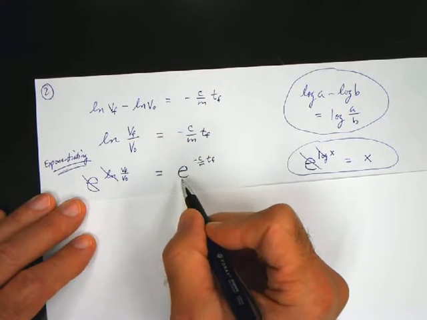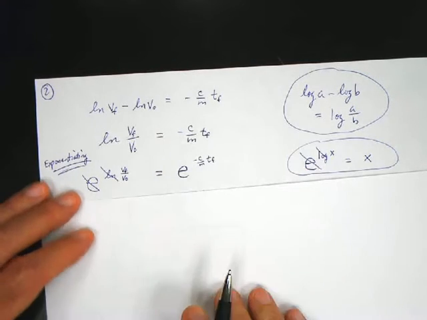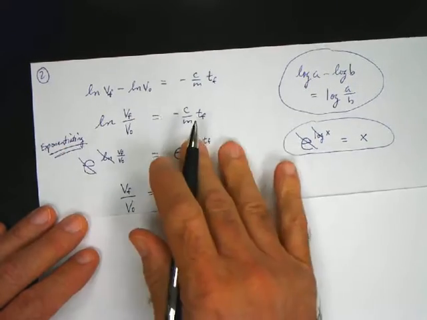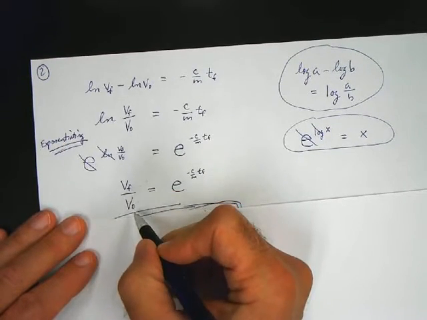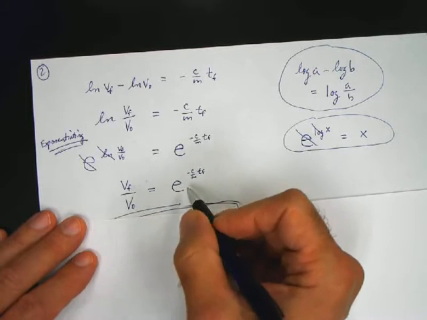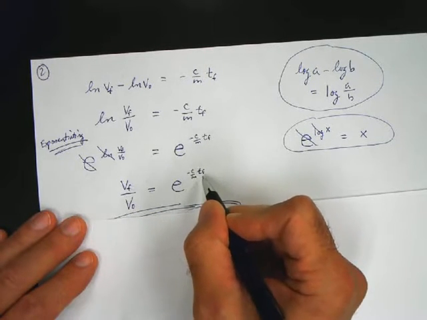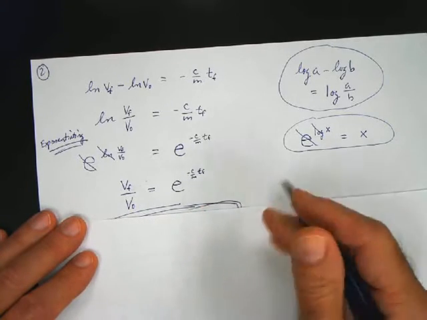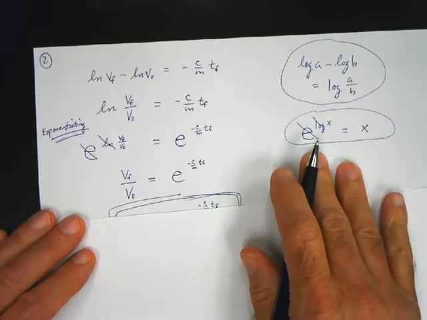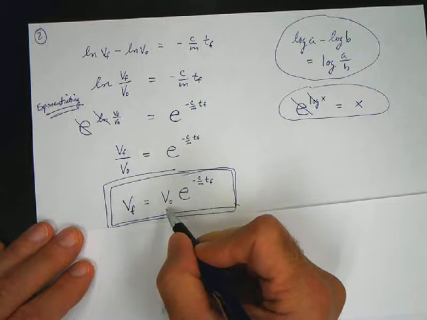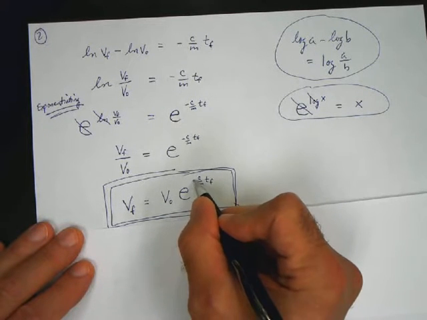So if we exponentiate both sides, in other words, take e to the natural log of vf over v0, and we have to do it to both sides, right? Equals e to this. Well, that will undo the natural log here, and we'll end up with just vf over v0. And that'll be equal to e to the power of negative c over m times tf.